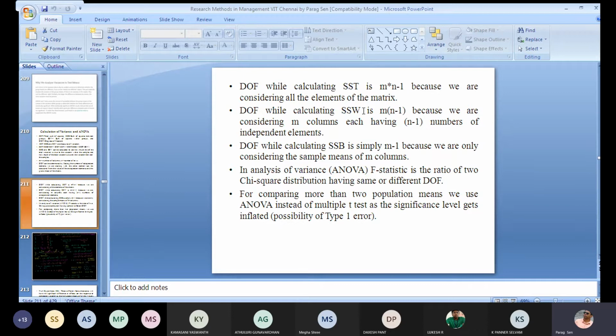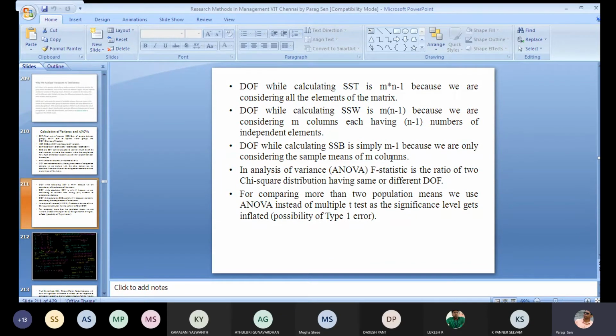The degrees of freedom while calculating the sum of square within is M into N minus 1 because we are considering M columns each having N minus 1 independent elements. The degrees of freedom while calculating the sum of square between is simply M minus 1 because we are only considering the sample means of M columns.